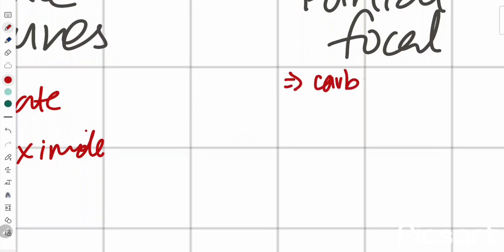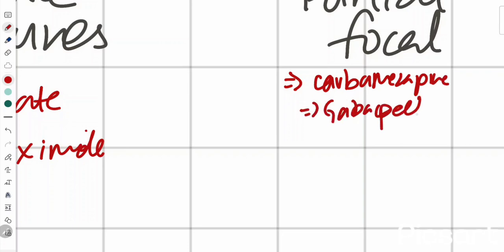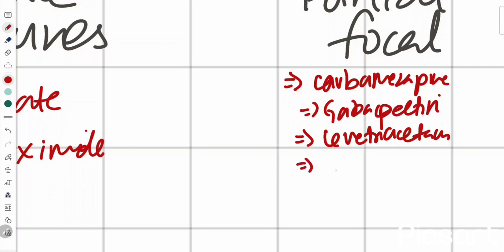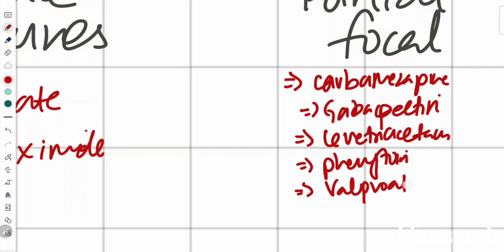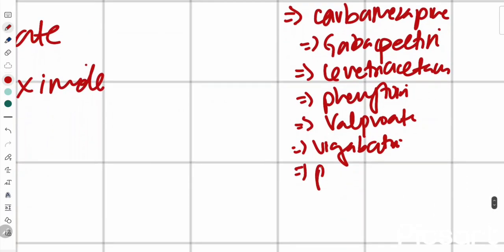They are carbamazepine, gabapentin, levetiracetam, phenytoin, valproate, vigabatrin, and phenobarbital.